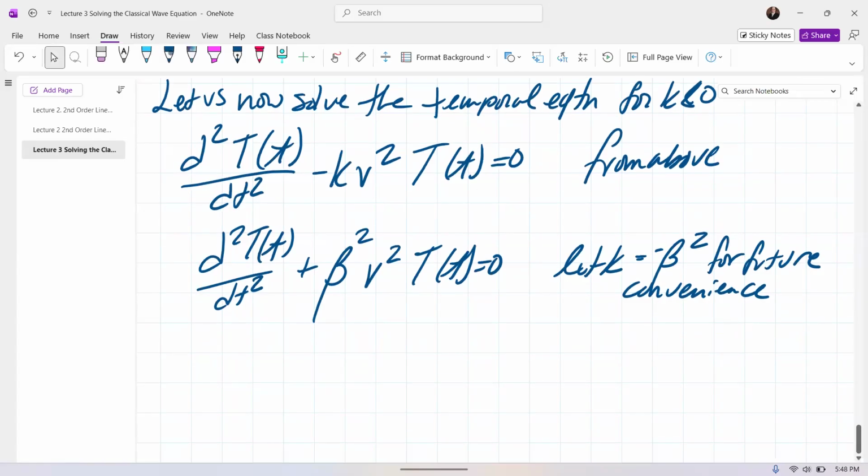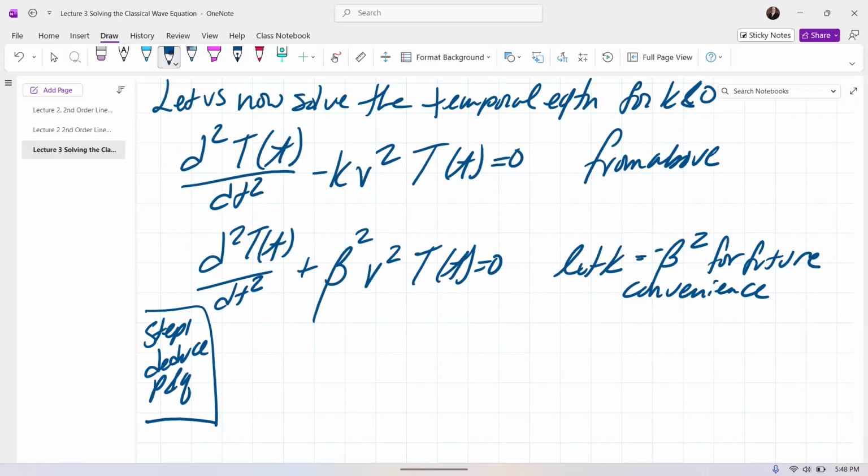Okay, now we're going to do step 1, deduce P and Q. So the first thing we're going to do is write it in the Newton form. Y double prime is this term right here. Do you see any y prime terms? I don't see any. 0 y prime plus beta squared v squared y equals 0.